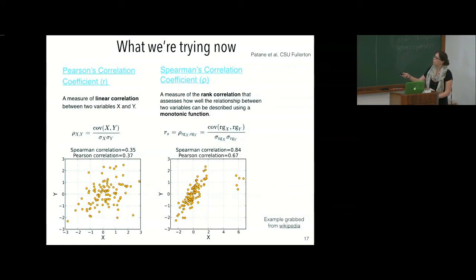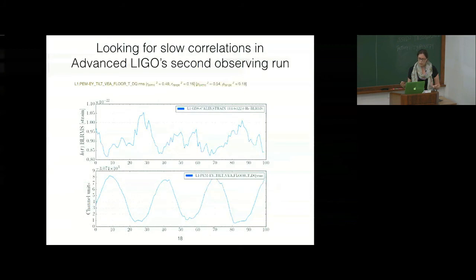One is Pearson's, which is just the covariance of the 2 variables divided by the standard deviation of each. And then also Spearman's, which is almost identical, except you're using the ranked version of these same variables. And the function doesn't need to be linear, it just needs to be monotonic.